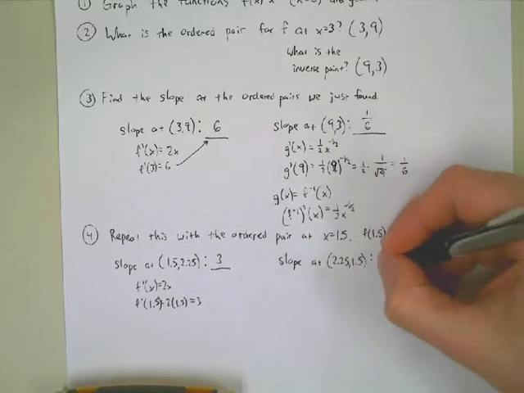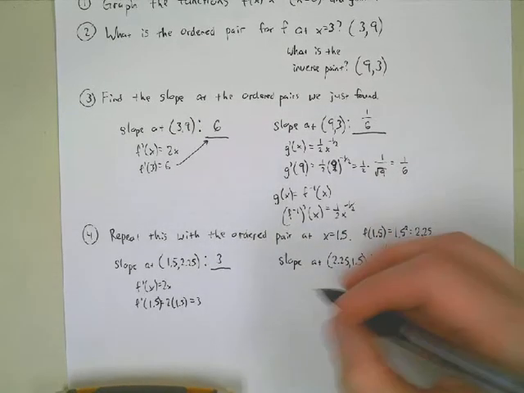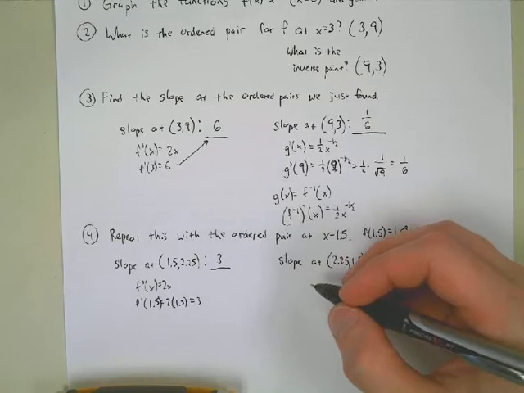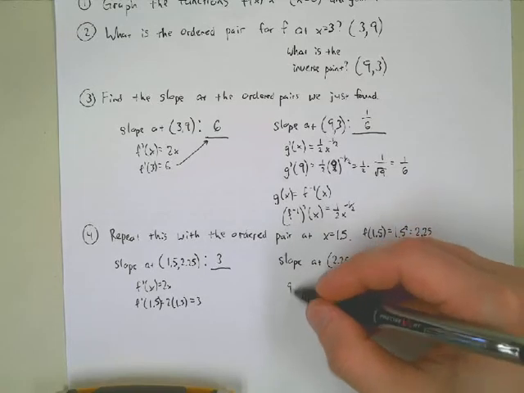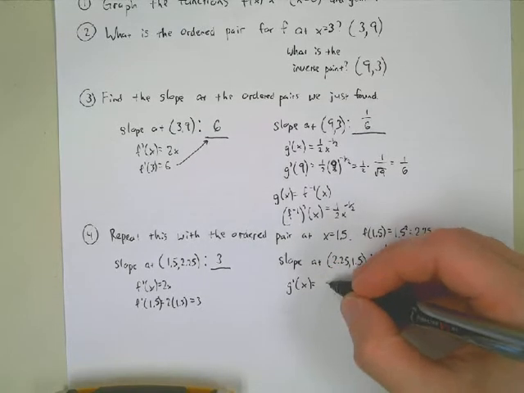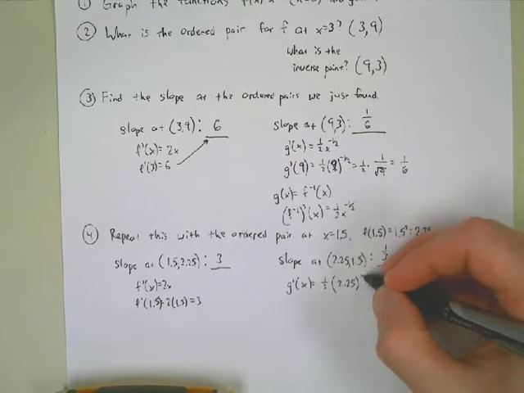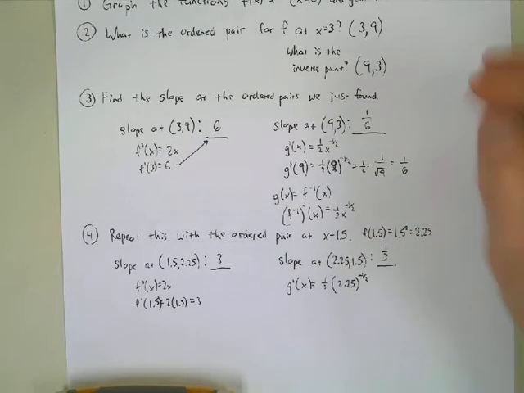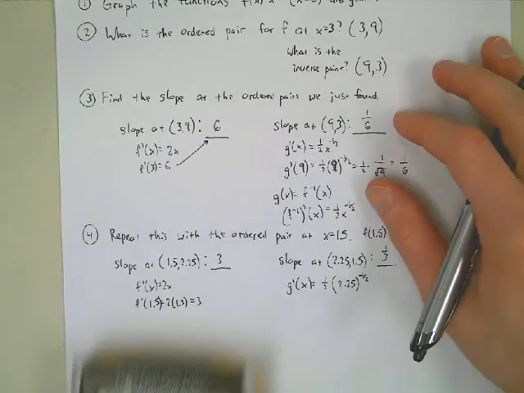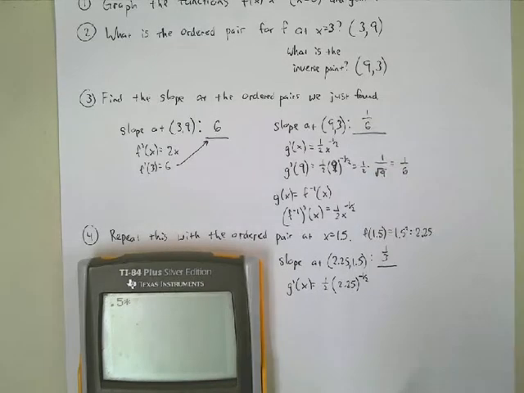And just to show you, remember that g is the inverse here, so g prime of x is equal to 1/2 times 2.25 to the negative 1/2. I'll type that into my calculator: 0.5 times 2.25 to the negative 0.5.